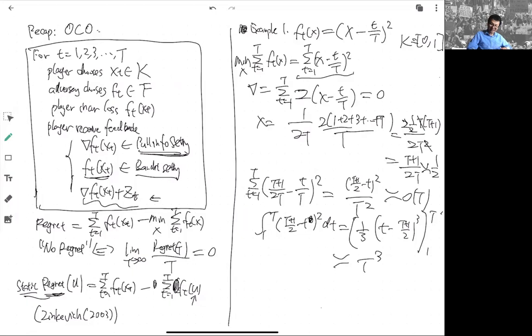And that is really bad because all we want to minimize is t objective functions, and saying that the best you can do is order t, comparing with the best static comparator, doesn't seem to be the right thing to do for at least this problem.